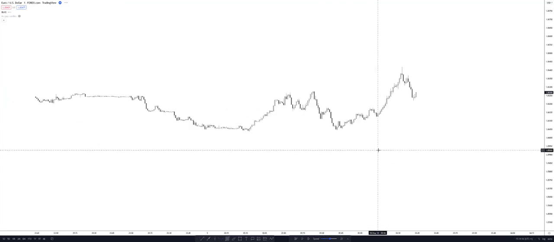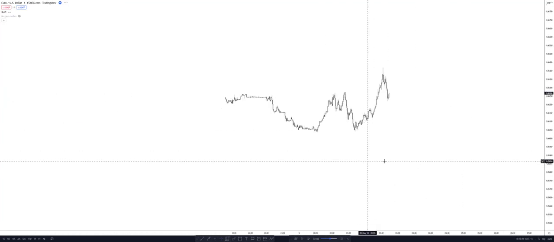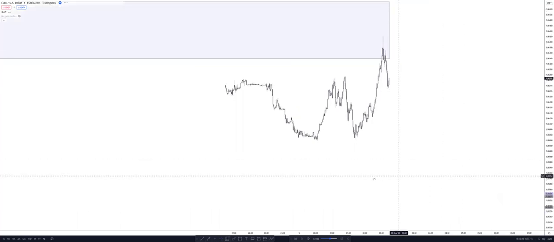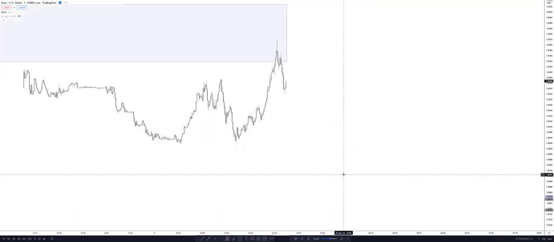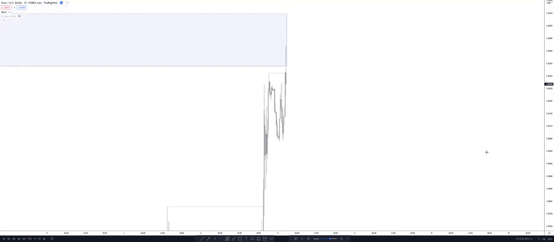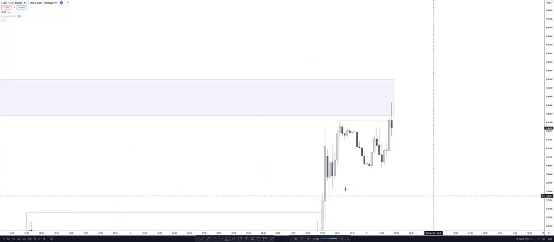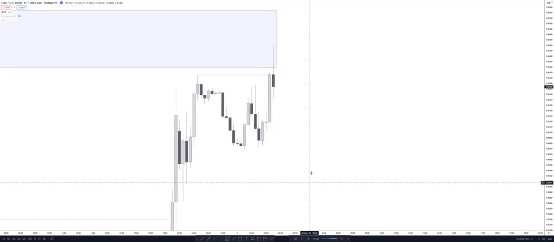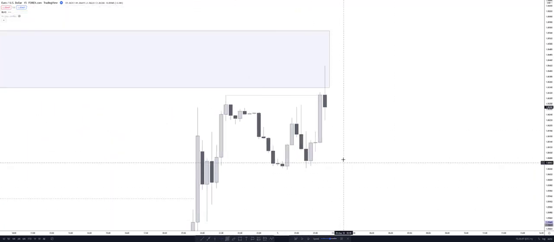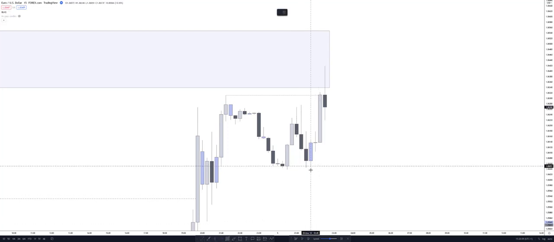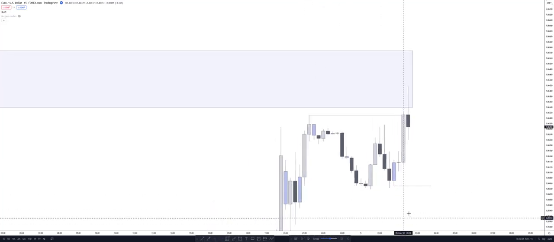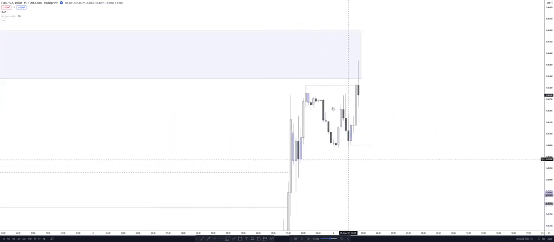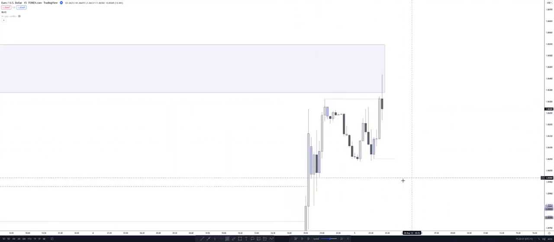Now, if we look at price from here, going back to the 15-minute, a chalk on the 15-minute would be, this inside bar would be our chalk low. That's where we'd be looking in order to get involved for price to break.